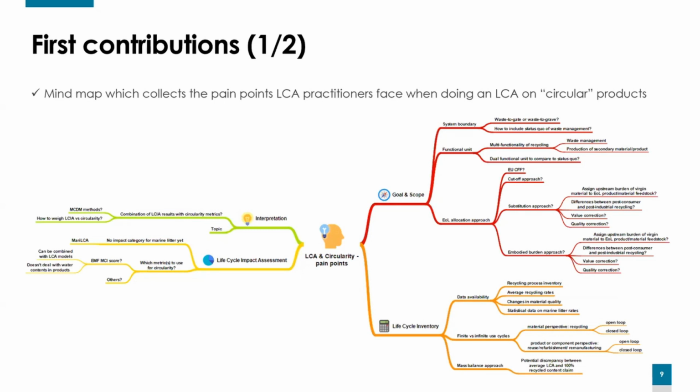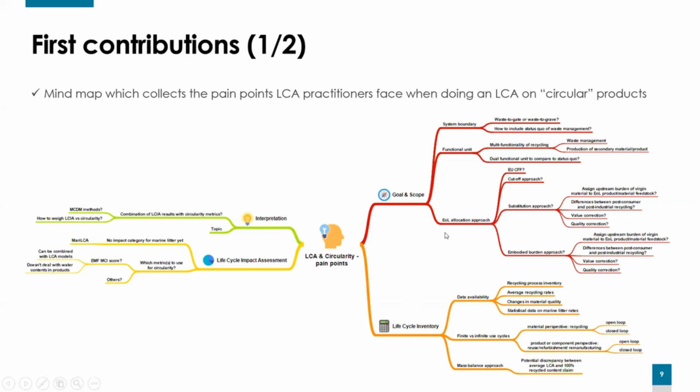We've been collecting the key pain points we face when we want to do a life cycle assessment on circular products using the 4 steps of the ISO 14040 and 14044 standards. These are pain points or obstacles we face in the goal and scope, the life cycle inventory, the life cycle impact assessment, step 3, and the interpretation.